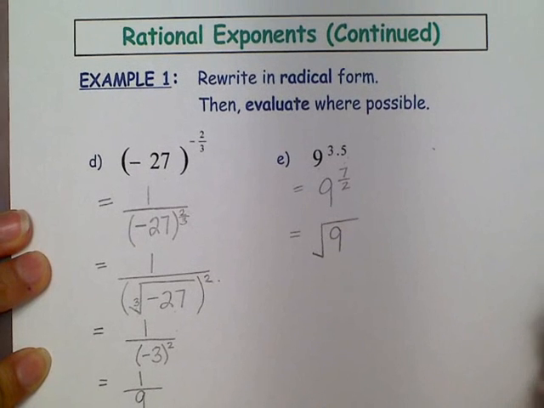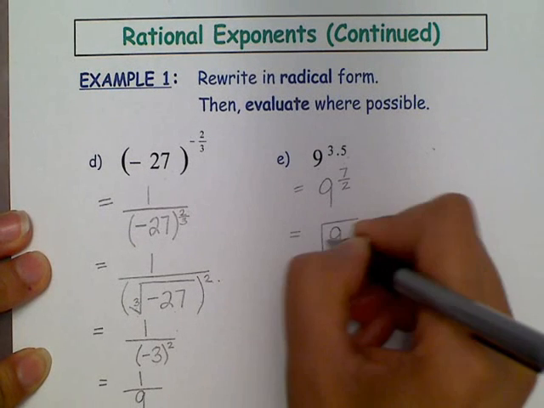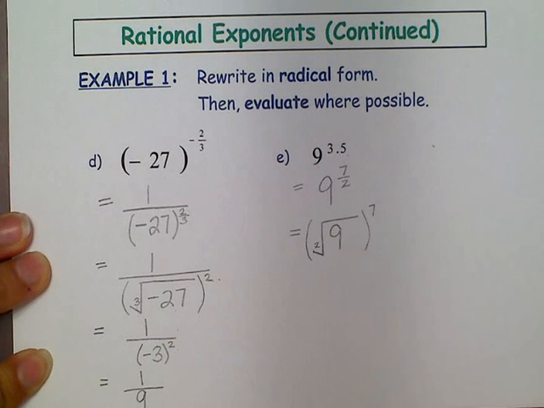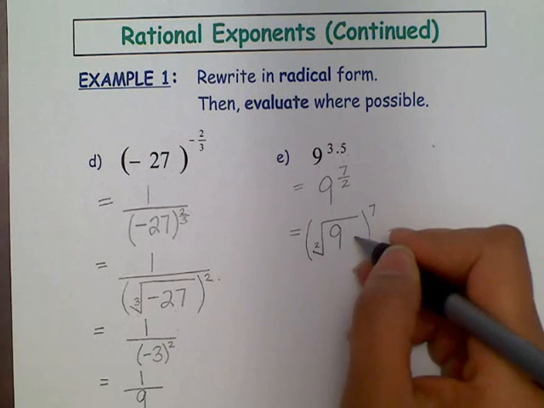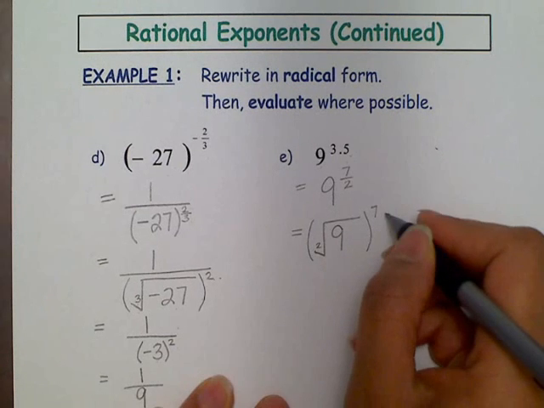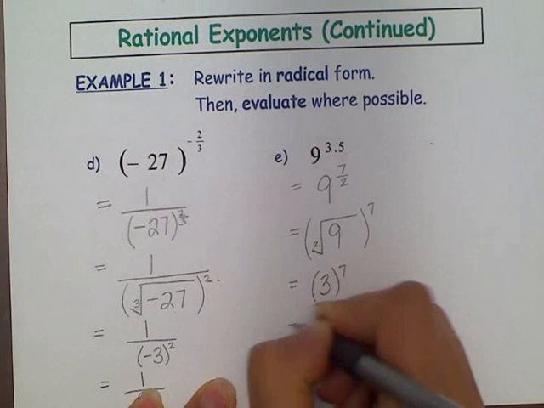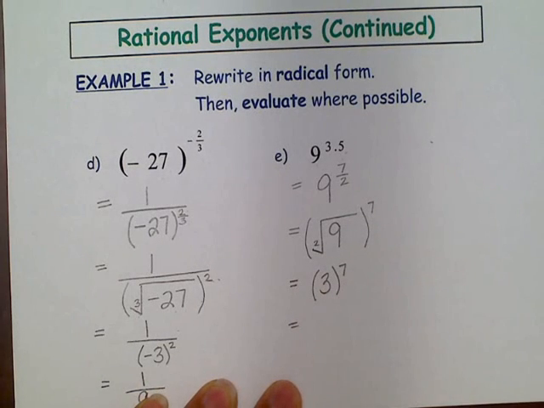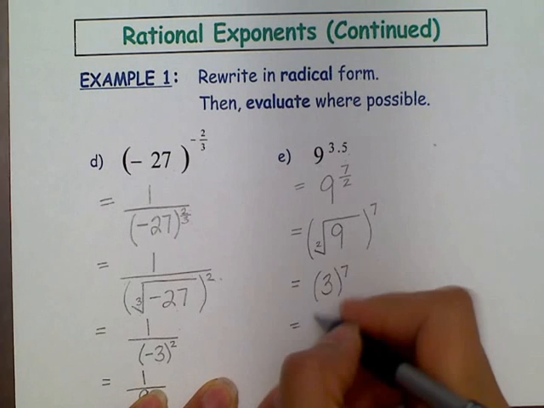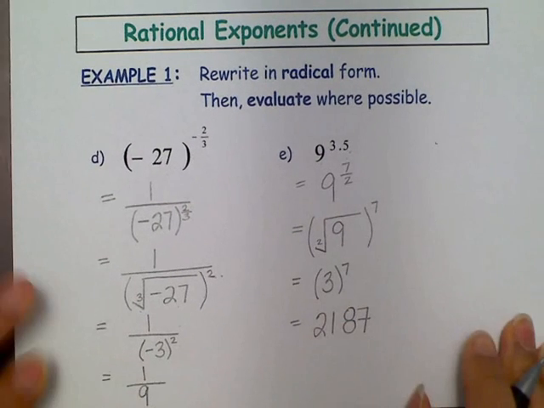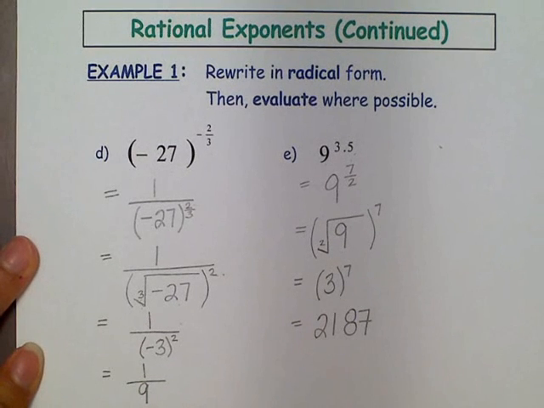So 9 is going to be the base part, and the denominator is my root, the numerator is my growth. And so essentially I'm looking at the square root of 9 and then raised to the exponent 7. And the square root of 9 is equal to 3 raised to the exponent of 7. This is where I will need my calculator. So 3 to the exponent 7 is equal to 2,187. And that's it.